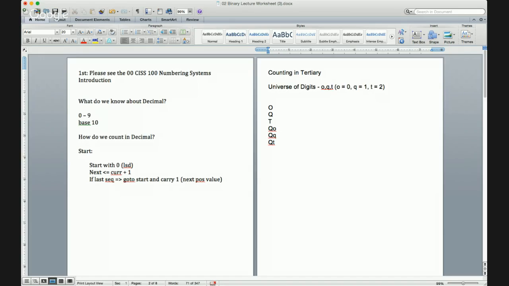And we're to another one of those points. QT plus 1. Well, moving right to left, T plus 1. Is there anything for 3? No. So I write down the 0, or the O in this case, and I carry the 1.